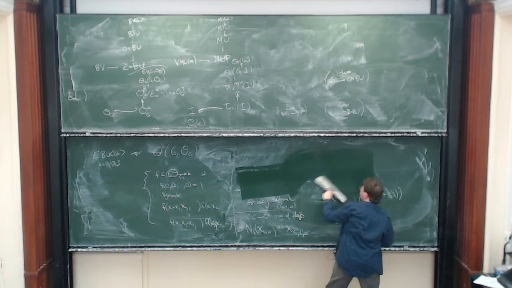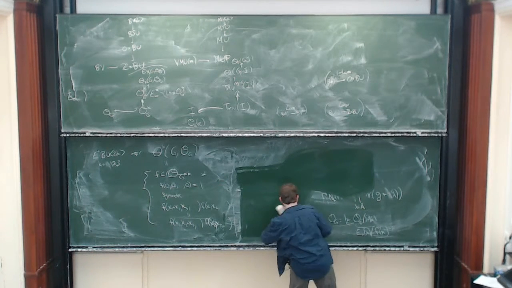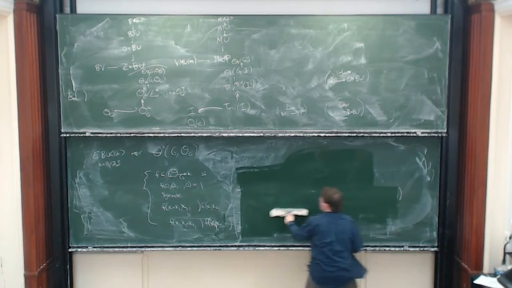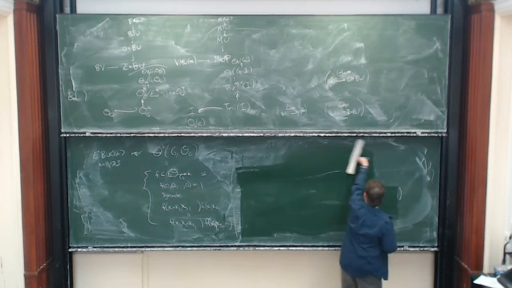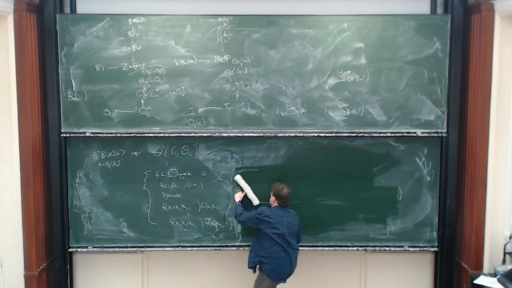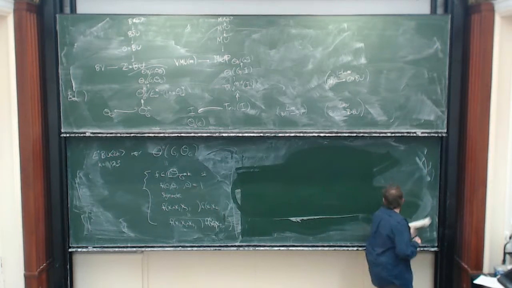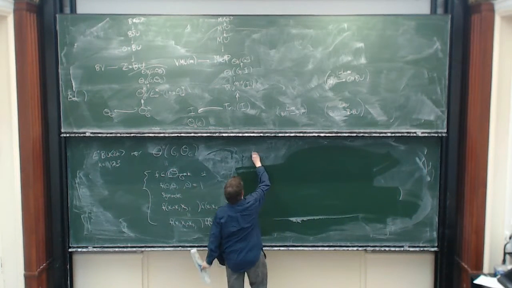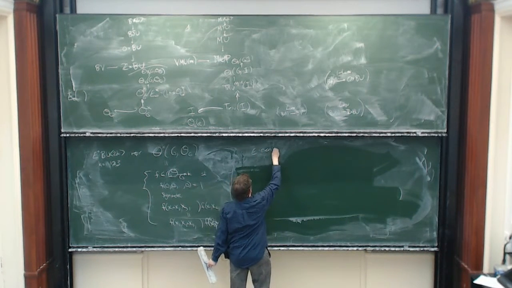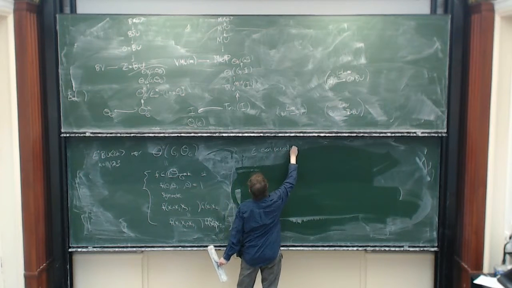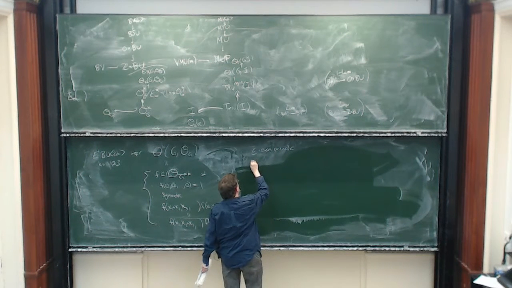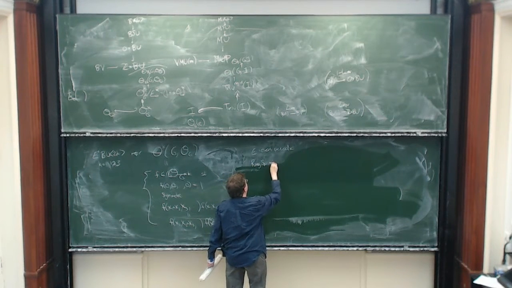For E even periodic, the space of ring spectrum maps, that's a set, not a space.